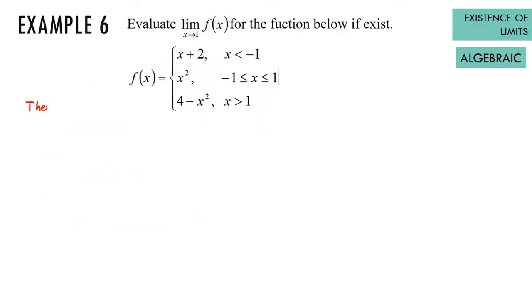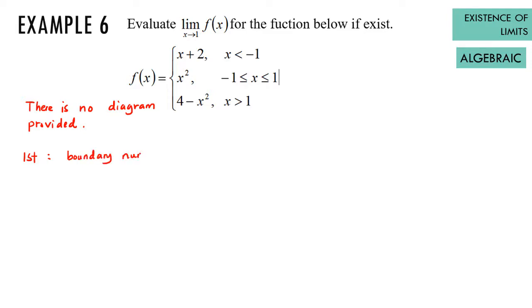Did you notice that there is no diagram or graph provided, but we are only given three different functions with three different intervals? We can sketch a graph, but we can also use another method, which is the algebraic method. The first thing we have to do is determine the boundary numbers.